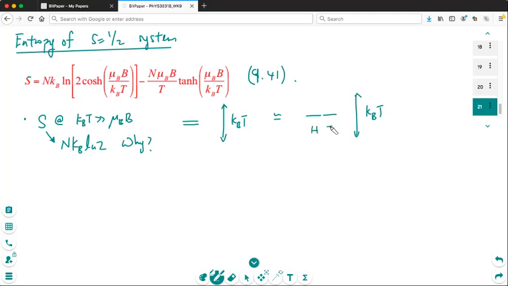This is head or tail. In the coin problem we have head or tail, but we didn't assign which one is higher energy, which one is lower energy. We did all this calculation before. And you know how many number of ways for this to happen.